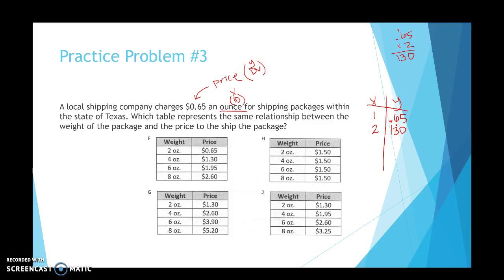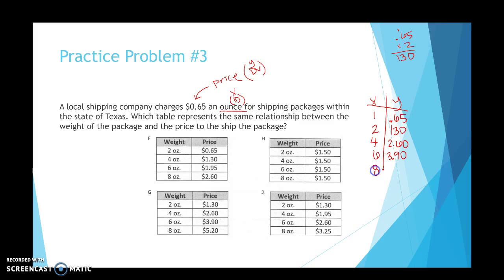Then it goes up to 4. If 2 times 65 cents is $1.30, I can just double $1.30 to get to 4. So $2.60. I doubled my 1 and I doubled my 3. To get up to 6, I can add my values for 2 and 4, so $3.90.